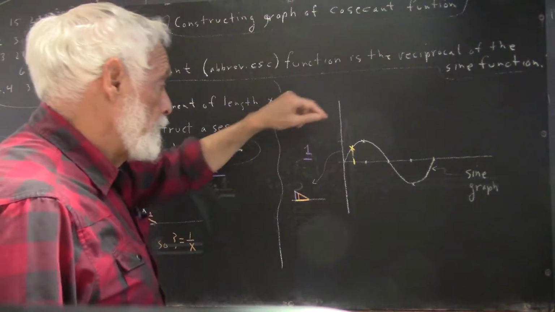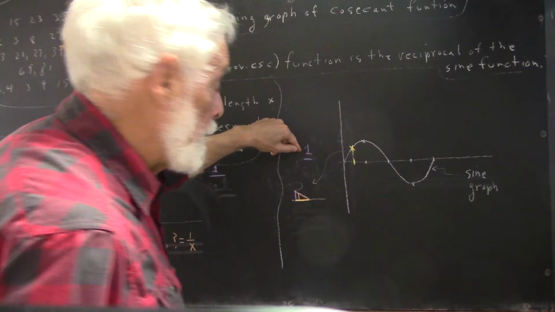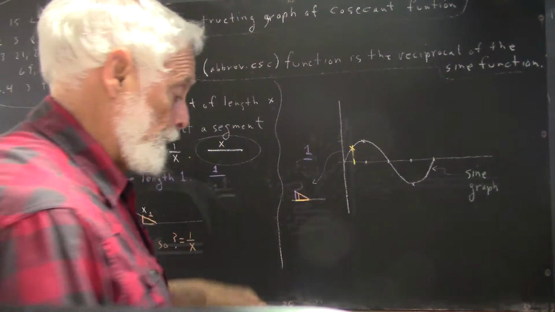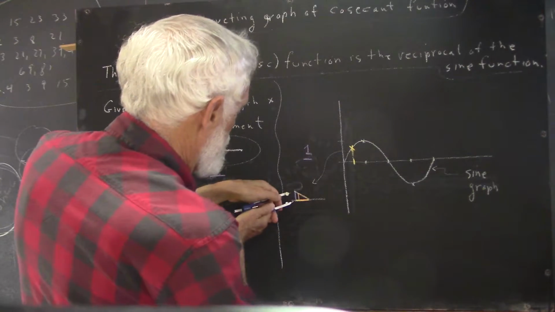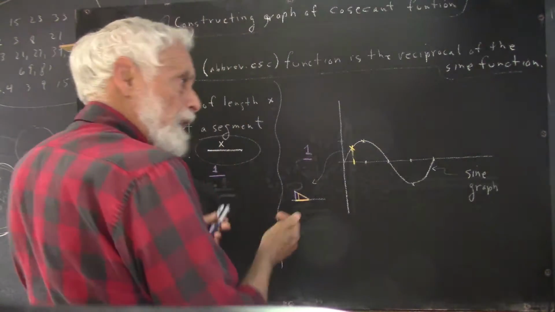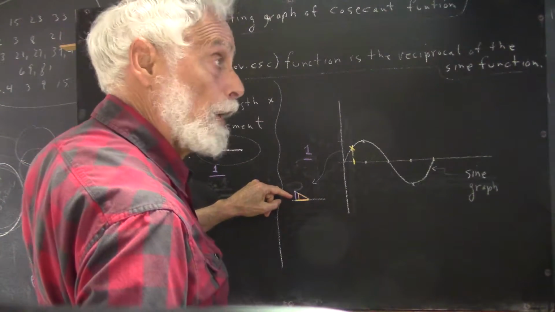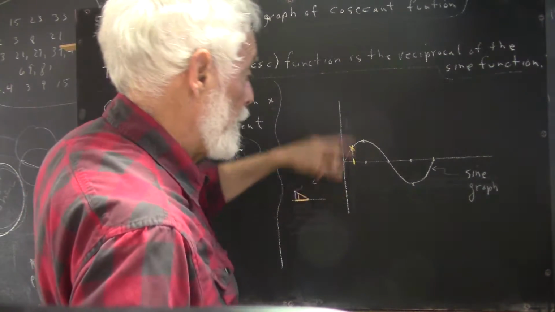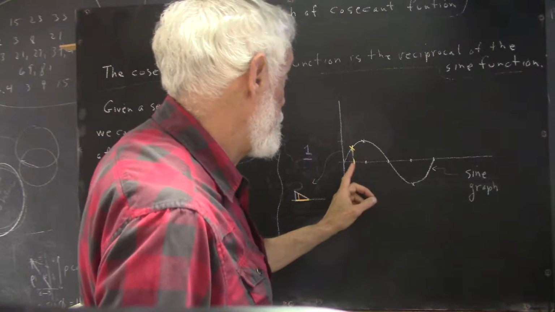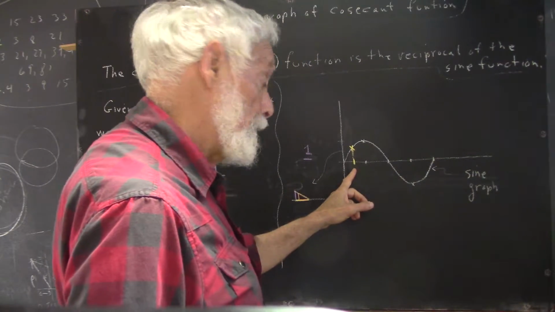Okay, so here we have our graph of the sine. Here we have our unit 1. Now I take that unit and I construct, well, I'm not constructing, I'm just sketching, but right here is our vertical leg, which corresponds to the unit length. Now, here's our position on the horizontal axis.